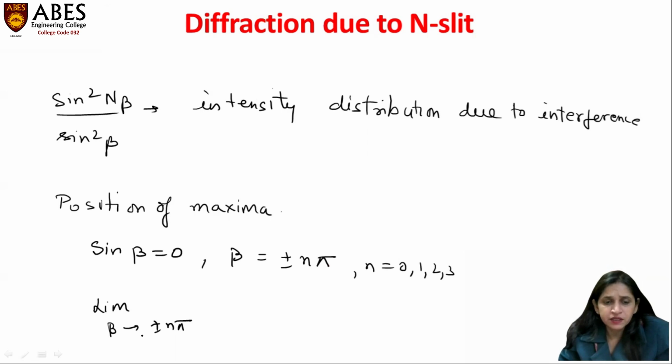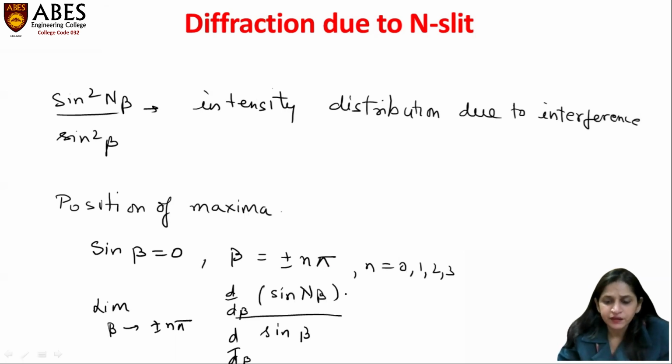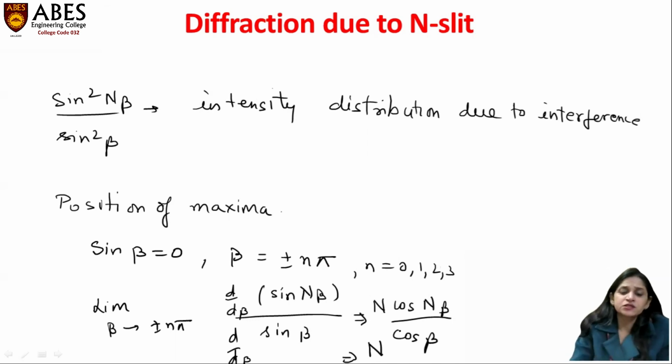So limit beta tends to plus minus n pi, d by d beta sine n beta upon d by d beta sine beta. When we calculate this, it becomes n cos n beta upon cos beta. This gives the value n. So the intensity of principal maxima is proportional to n.